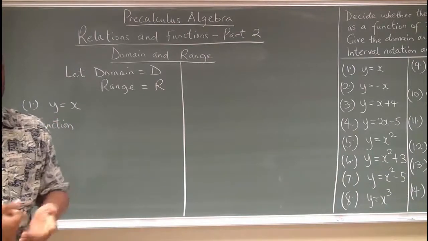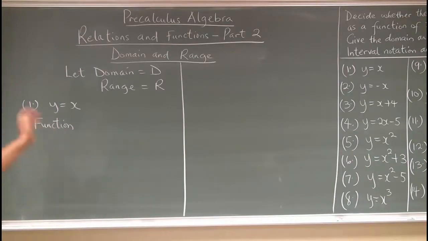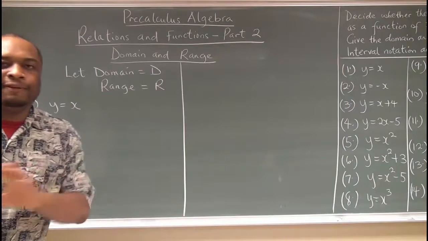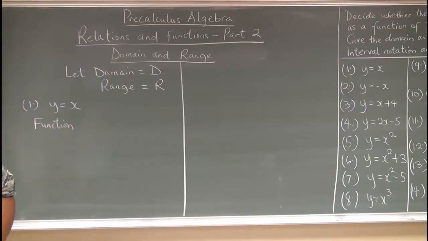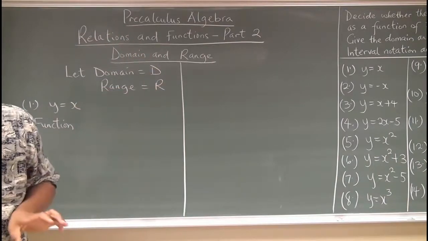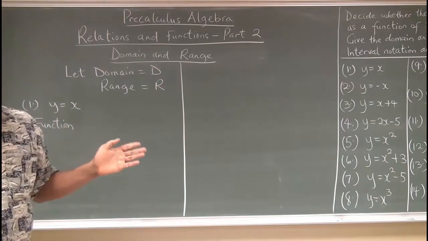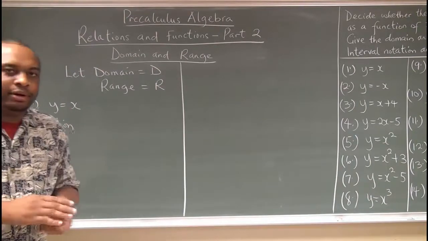When x is -1, y is -1. When x is 2, y is 2. So it's a function. Now, how do you find the domain? Listen and listen well. When you want to find the domain of an equation, you ask yourself this. First of all, we are considering only real numbers. What are the real numbers?